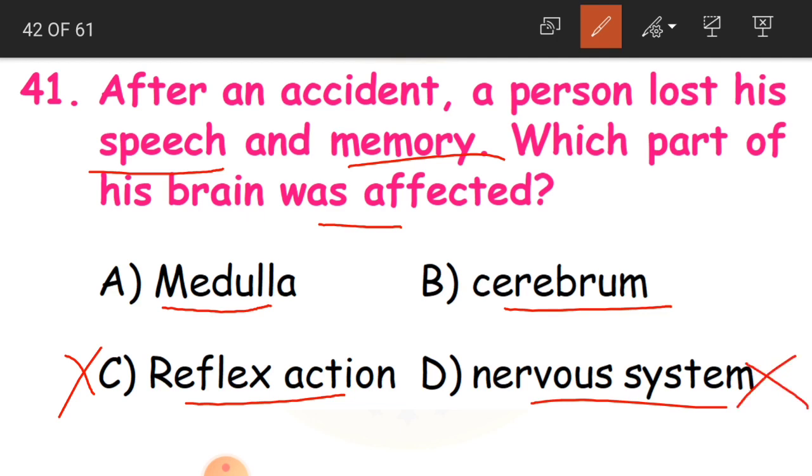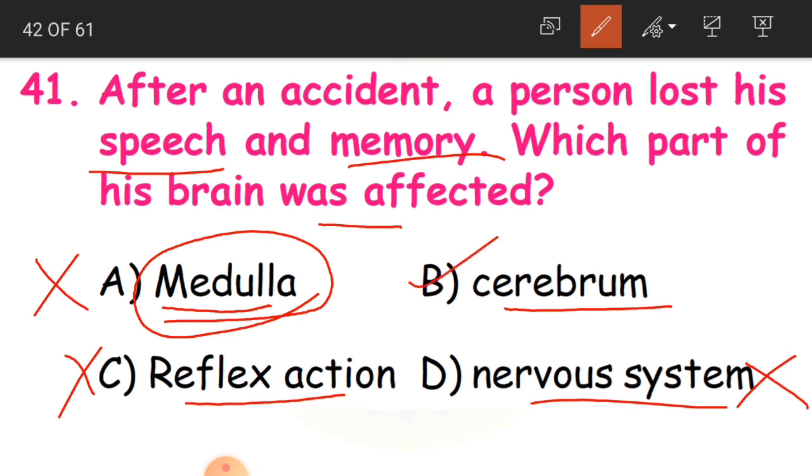What is medulla, children? Medulla responds to involuntary actions like reflex action. The brain monitors this type of involuntary action through medulla. So this is also a wrong answer for this question. And remaining, cerebrum. Cerebrum is the correct answer.